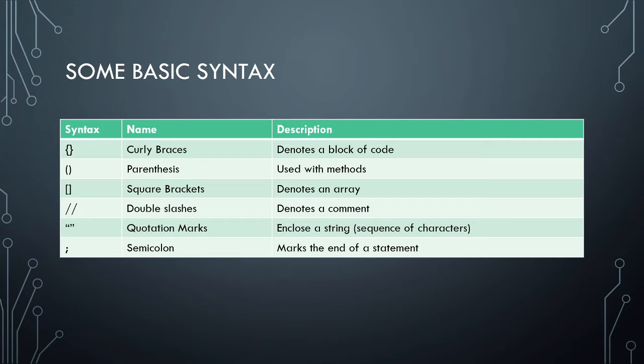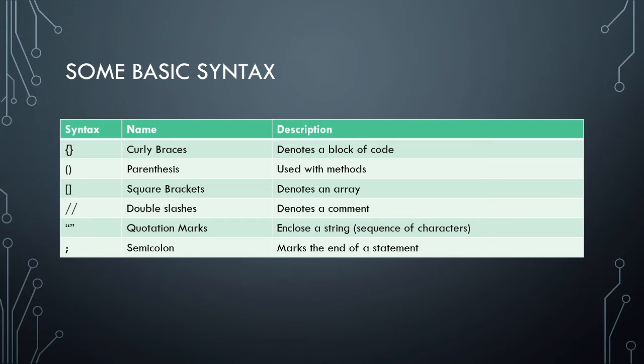Then you have parentheses, which are typically used with methods, but are used fairly throughout all of the language because you can use them with if statements and looping. Square brackets denote an array. You'll typically only see square brackets with an array. Double slashes denote a comment, meaning that anything that comes after the double slashes is human readable text.